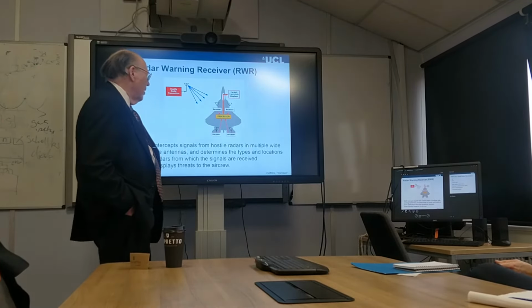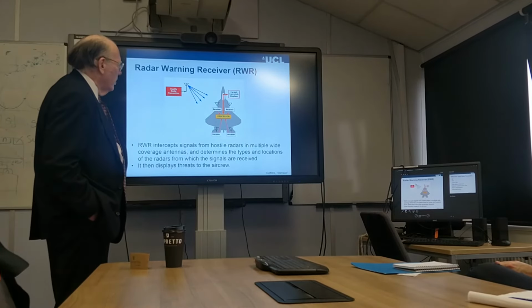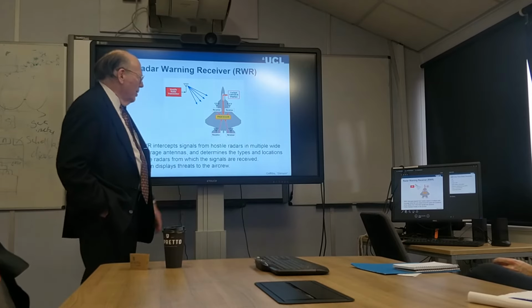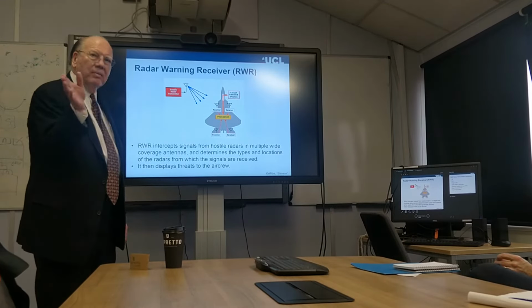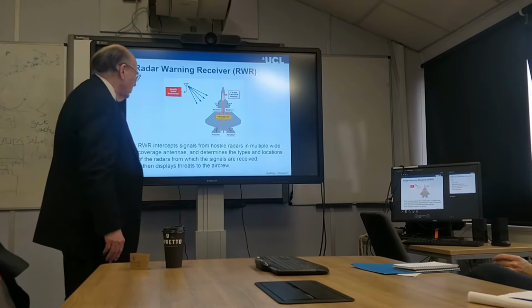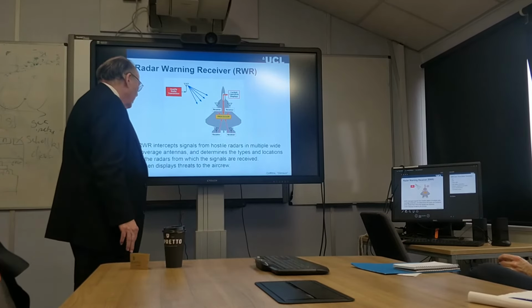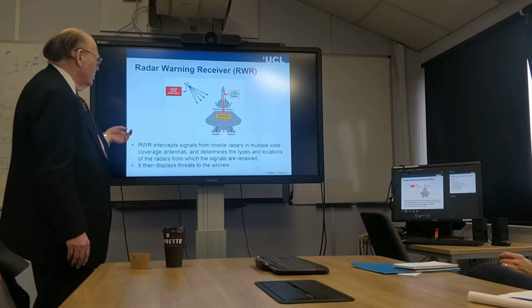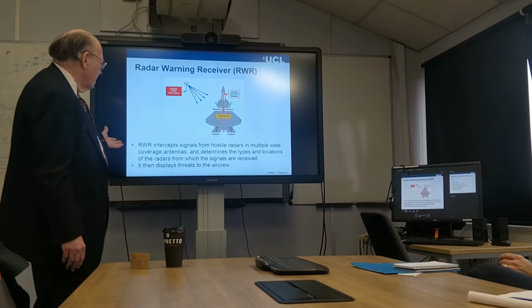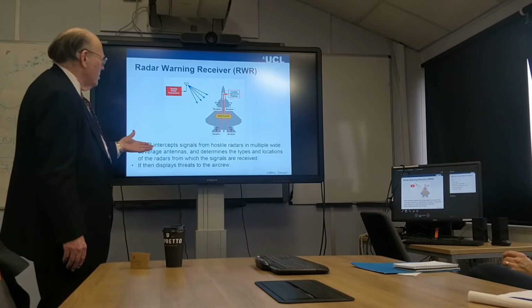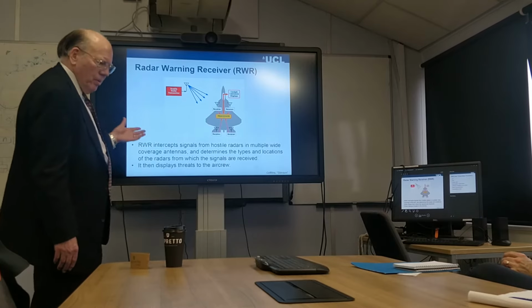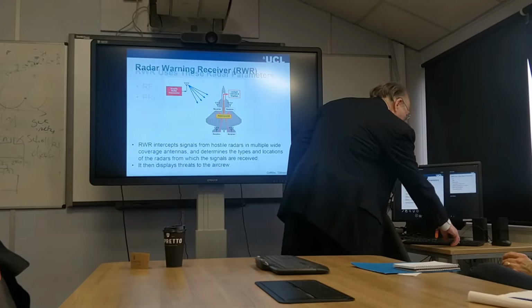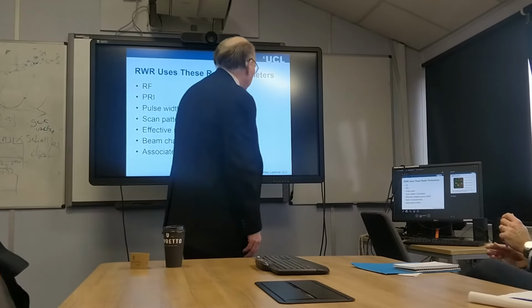And the signal comes in, and they use comparators to ascertain the azimuth that the signal is coming from. So the radar warning receiver intercepts signals from hostile radars with multiple wide coverage antennas and displays the threats to the aircrew. In a minute I'll show you what the display looks like.